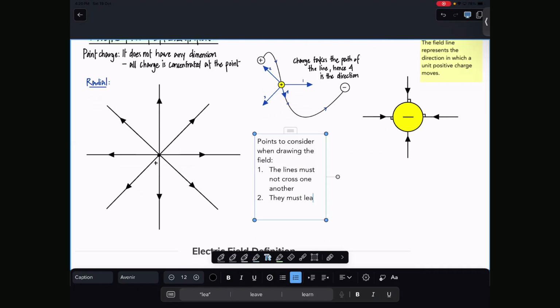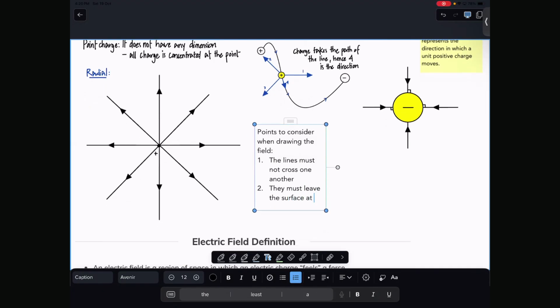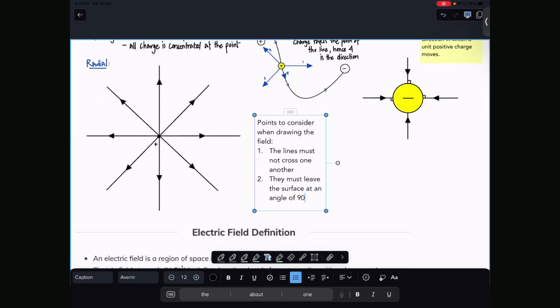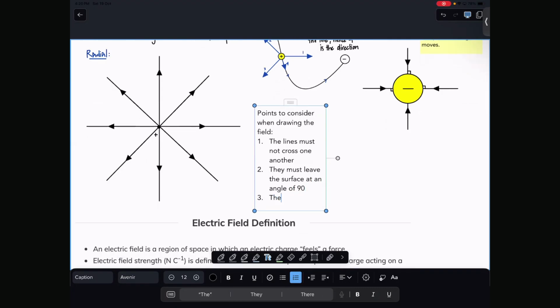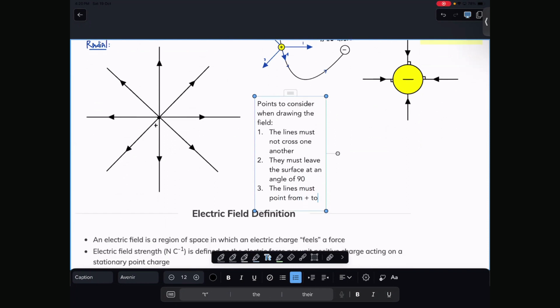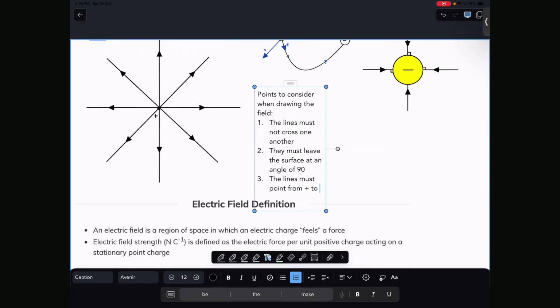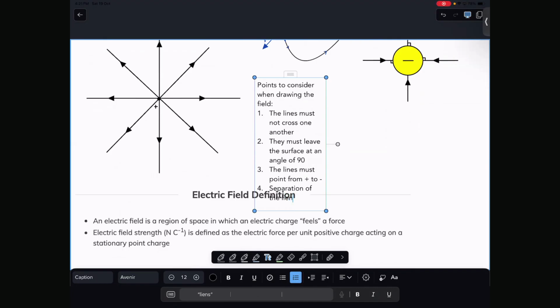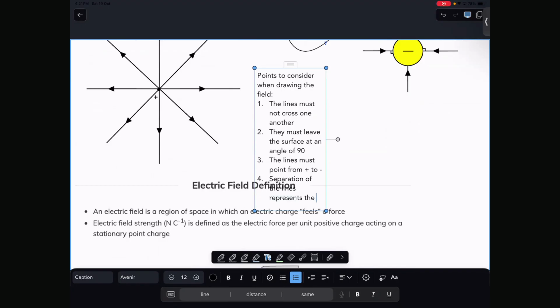They must leave the surface at 90. The lines must point from plus to minus. Separation of the lines represents the strength.